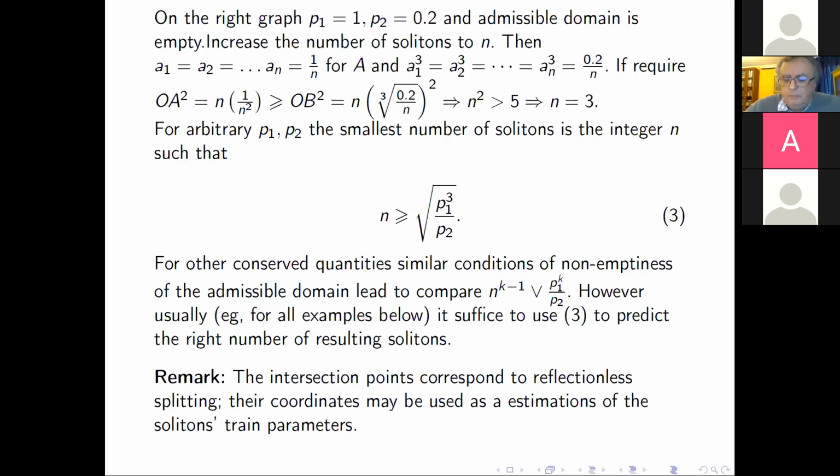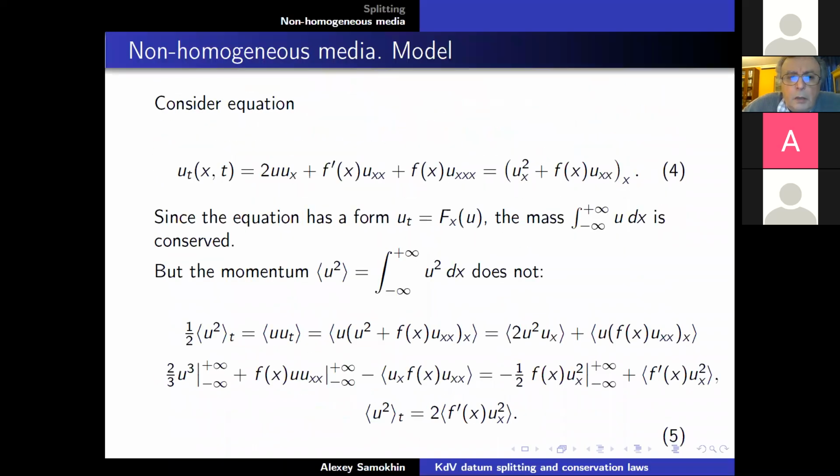Well, I'll proceed to another part of my talk. In fact, I will speak about a very special case of the Korteweg-De Vries-Burgers equation, which is given by the first line here.